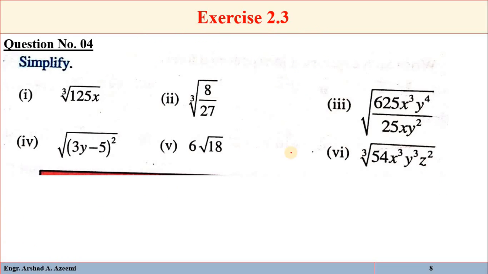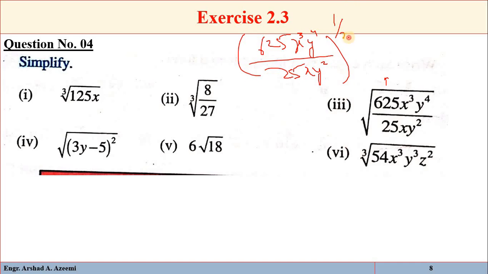Also, for this one we can write it as 625 x to the power 3 y to the power 4 divided by 25 x y square, whole power 1 over 2. This will be the exponential form of the given question.